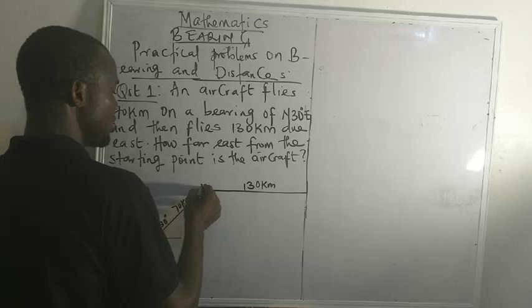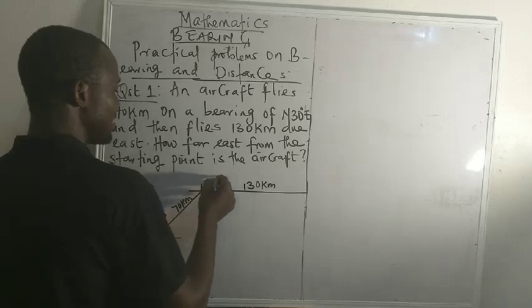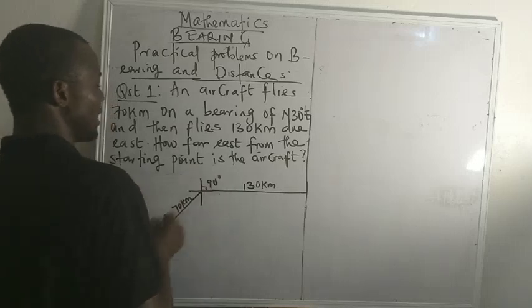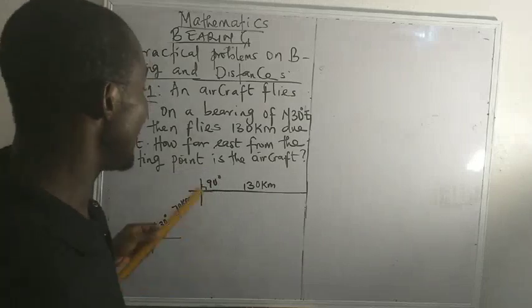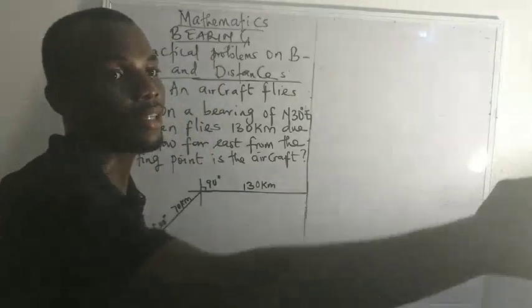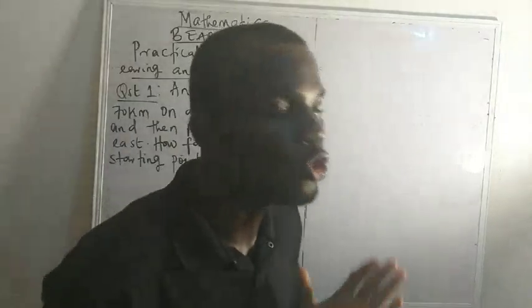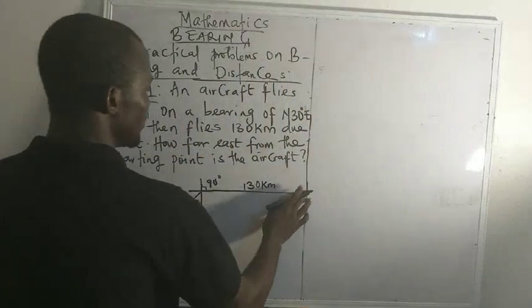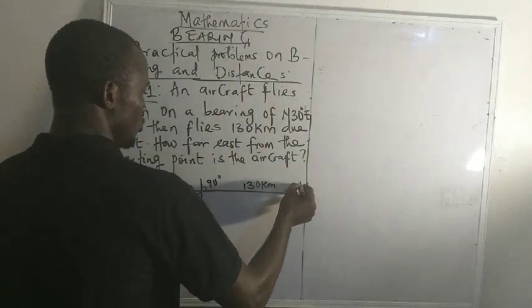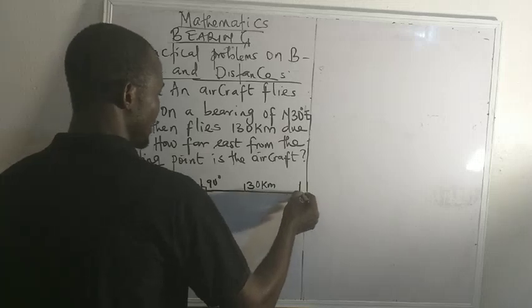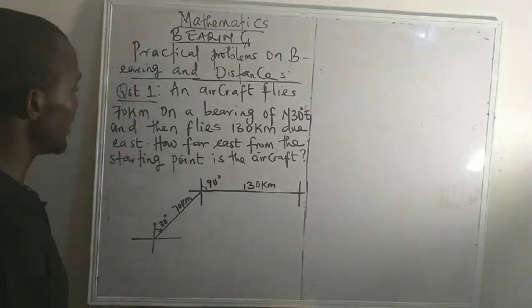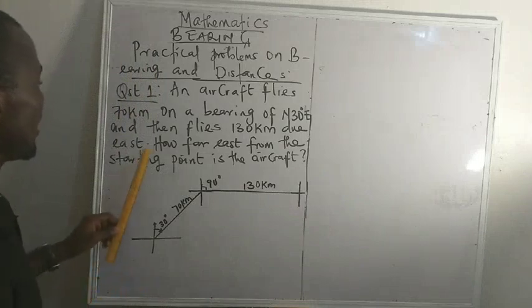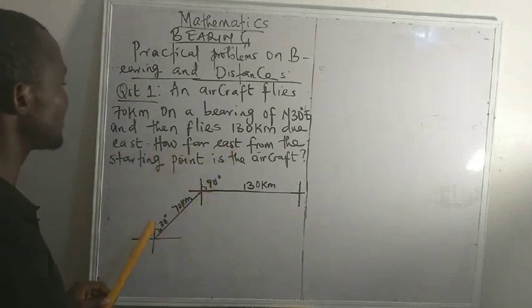It means the angle turned is 90-degree right here. That is what the angle will be if it goes straight like that. Sometimes it may say due north, it's 90-degree. Then the question says, this is where it stopped right here.